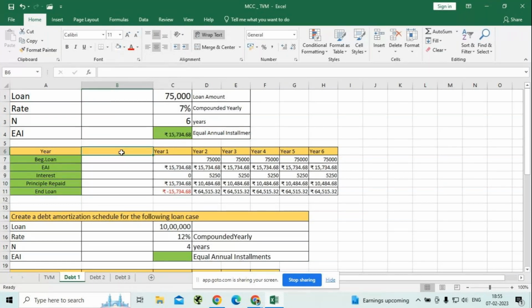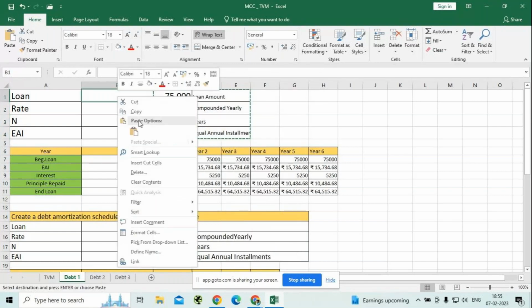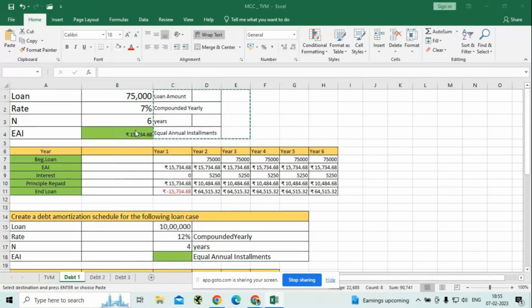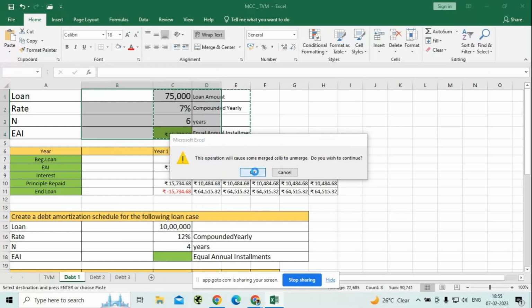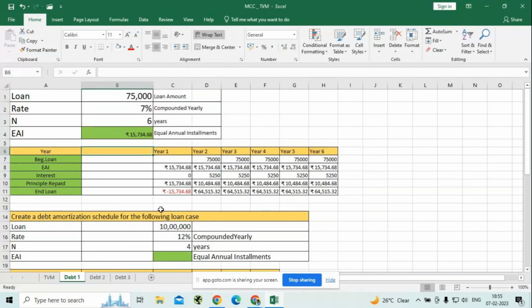Okay, so I'll set this as year 0. So when you are doing the calculations in the problems, you are going to have it in this format.